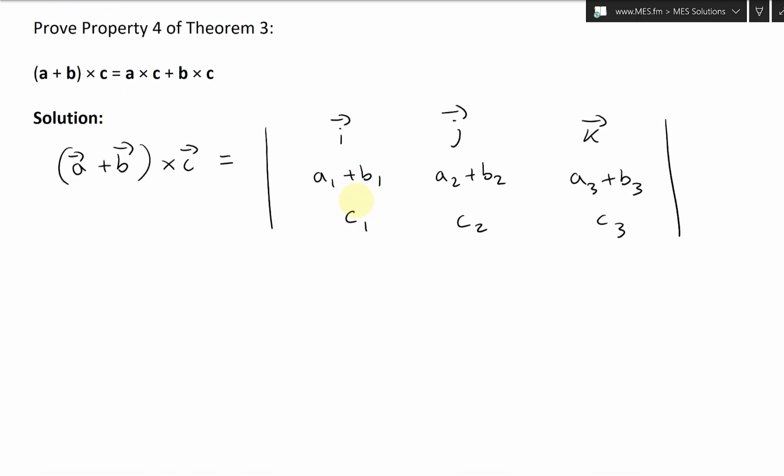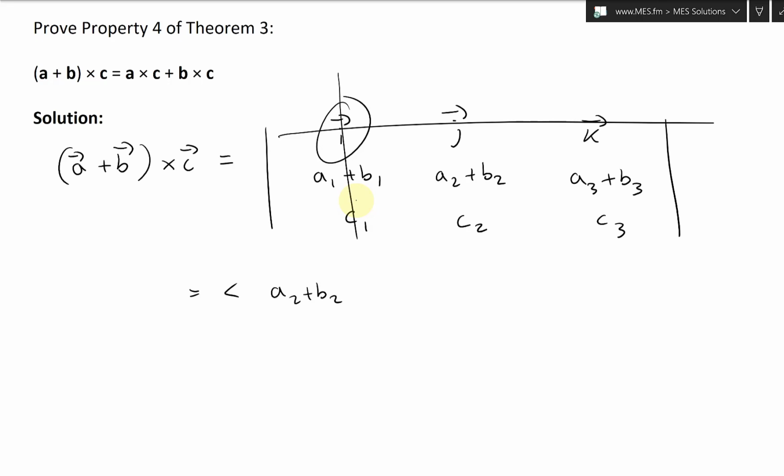Cross. Then we have this, and we're going to do the same setup here. This equals, put this here. So I'll have this, cross this out, and now we're going to have this setup here. A2 plus B2 times by C3, like that, and then minus this part right here, A3 plus B3 times by C2, like that.